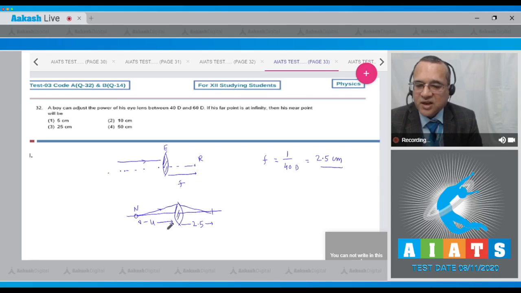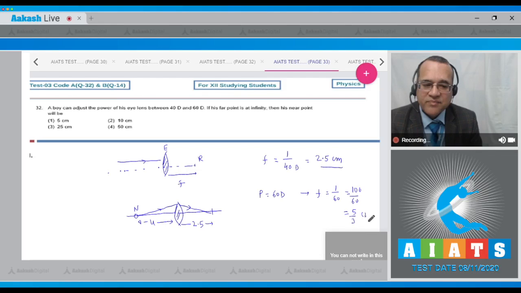You have to find the near point, and this lens is with maximum power and the power of the lens in this case is 60 diopter. Therefore, the focal length of this lens will be equal to 1 upon 60 diopter. So this becomes 100 by 60, which is 5 by 3 centimeter.